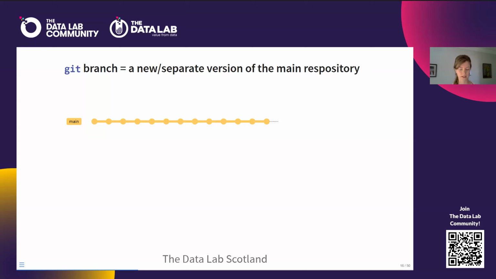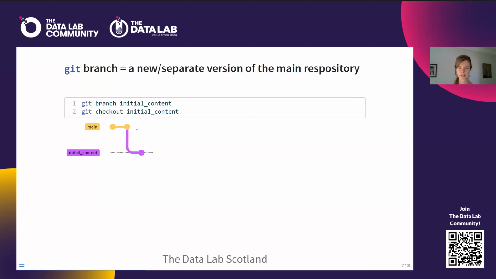So how do we develop our code if we need the main branch to always be working and clean? One way to get around that is to use these side branches with Git. To make a side branch like this, we'd use the git branch and git checkout commands. Here we're making a side branch called initial content, branching off the main one to develop the initial content for this presentation.